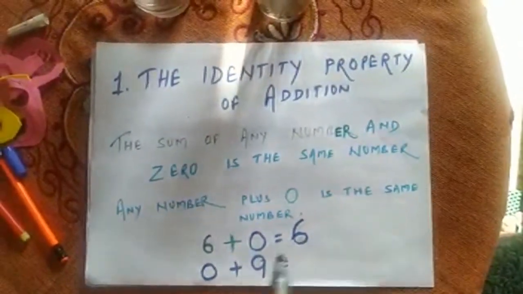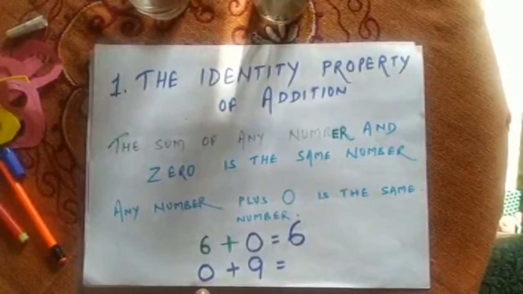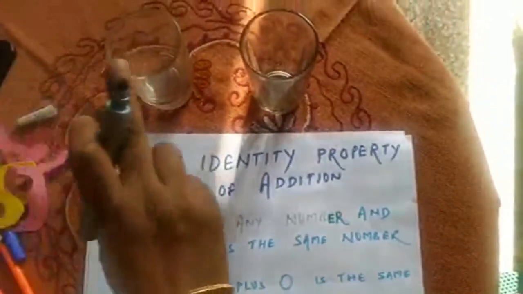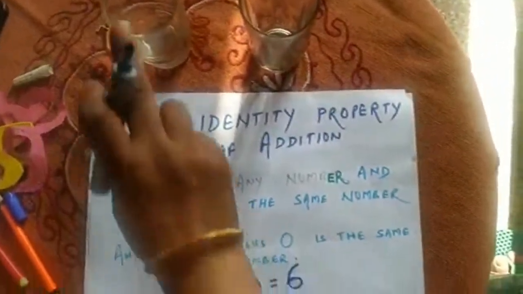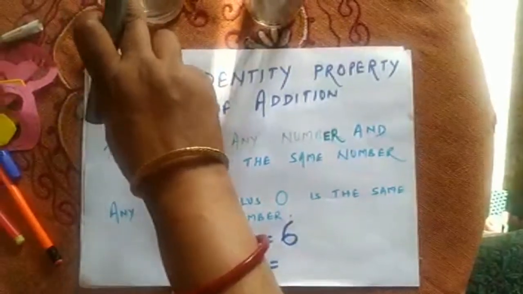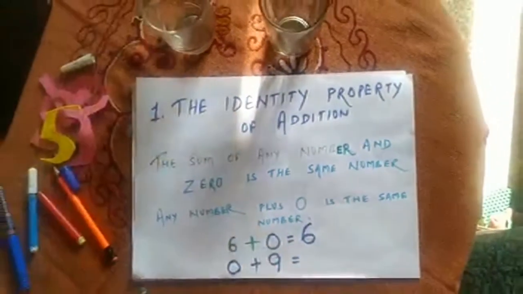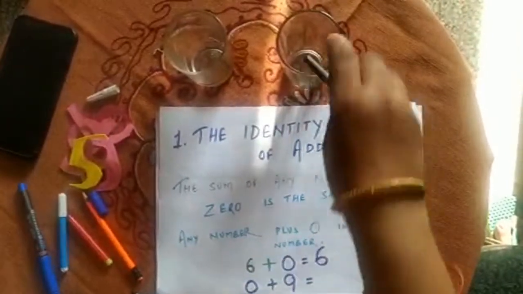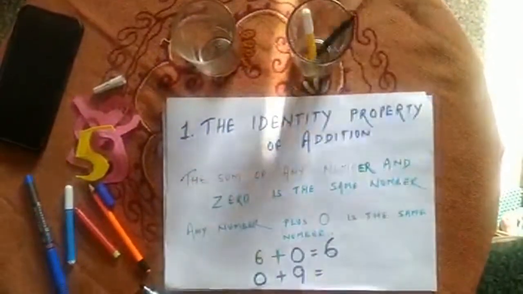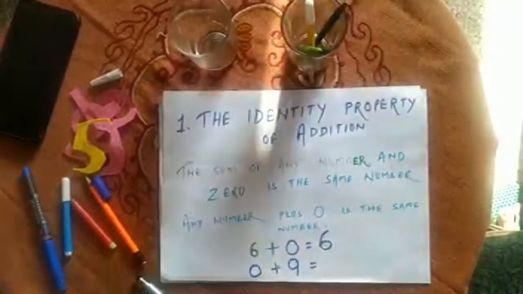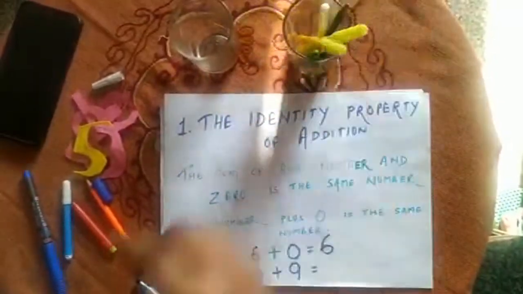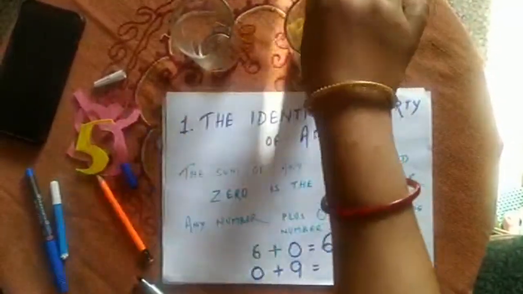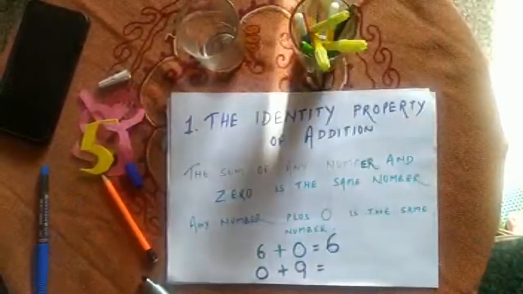Now let us clarify with another example. 0 means nothing. So a 0 addend means the container is empty. Now come to the second number, 9: 1, 2, 3, 4, 5, 6, 7, 8, 9.